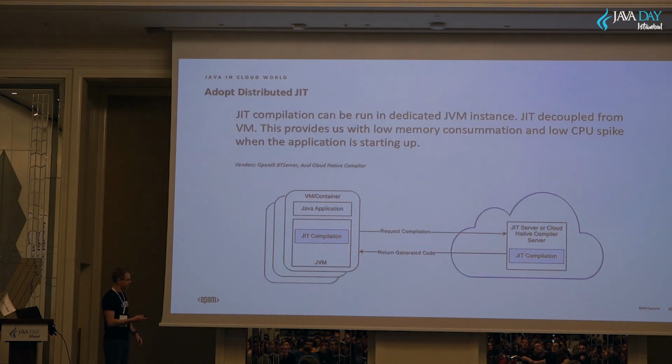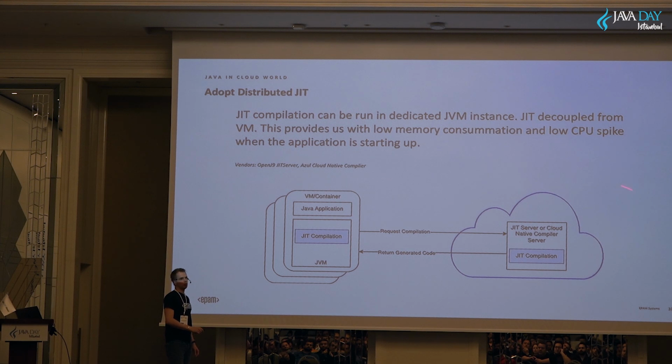The first one, as I told, is distributed JIT, which decouples the JIT compiler from the JVM into the cloud. If you need some compilation, it provides us low memory consumption and low CPU spike when we start our application, because our code is already compiled, and we can go to the cloud and request these compilations back, and our application will be very fast during startup time.